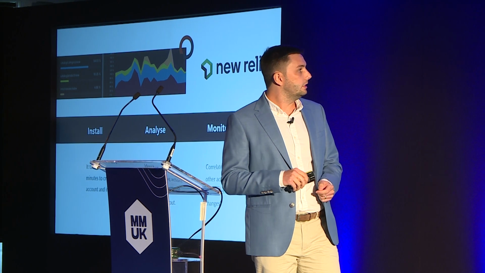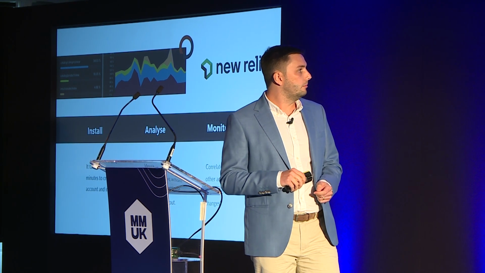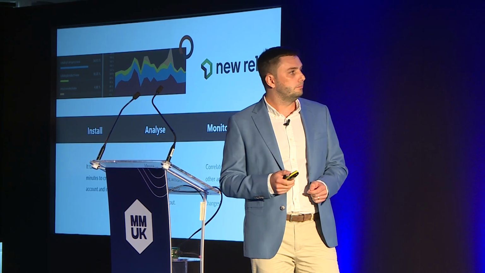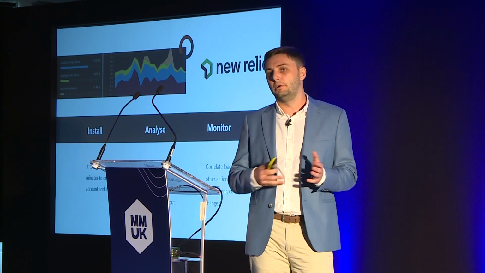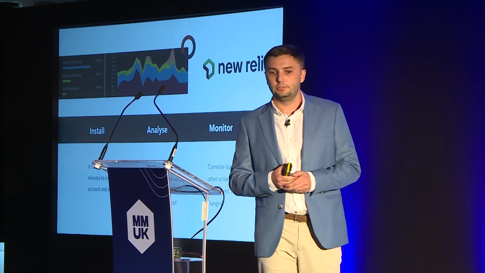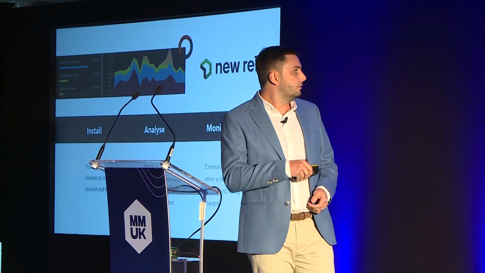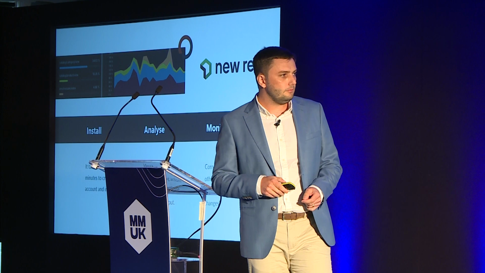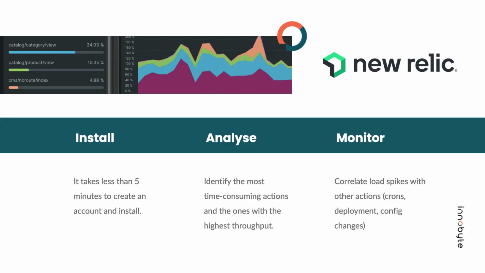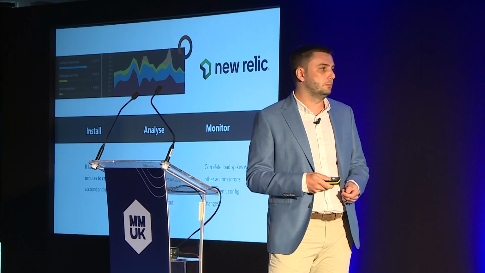So you can see, for example, how much load the category page puts on your server compared to the product page, or the 404 page. So you have the analysis part, and then the monitoring part, where you can set alarms or define thresholds to be aware when something goes wrong before the clients or the website owner notice.